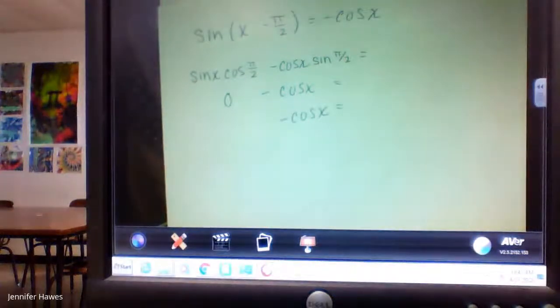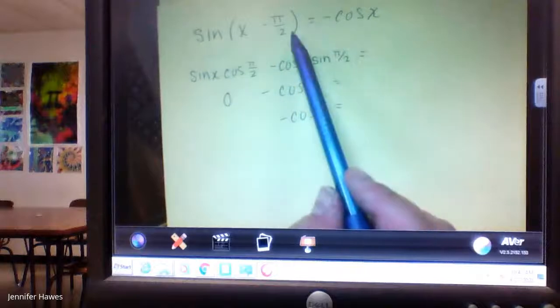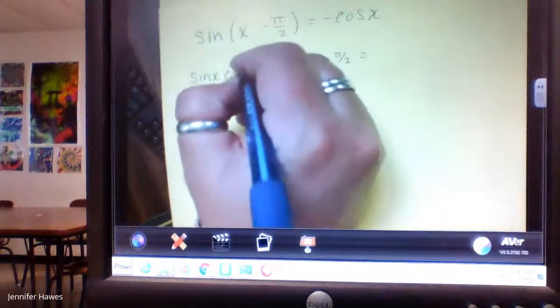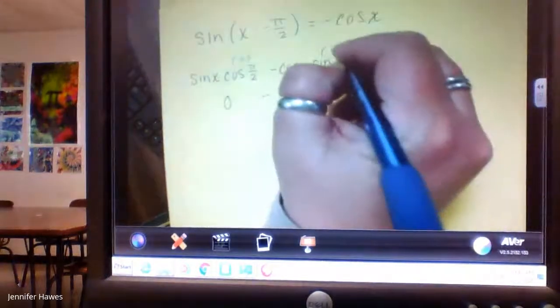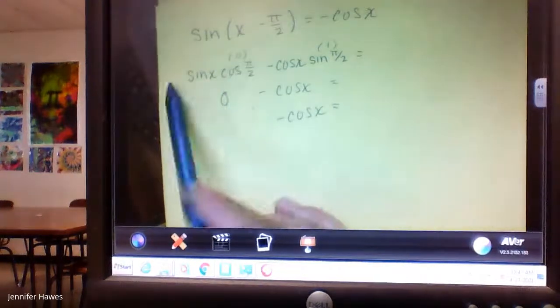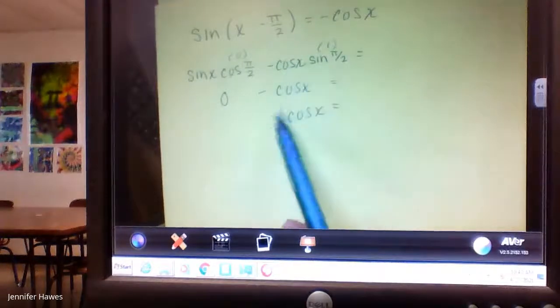Okay, so this is where I was getting to. So first thing we did here was just expand it out, and then we took those values right off the snowman to just kind of plug in there. So this was 0, so that made that all go away to 0. This was a 1, so you just kind of left that as is.